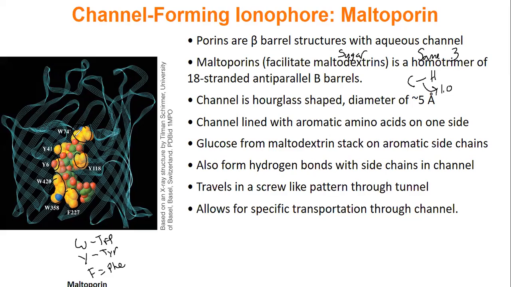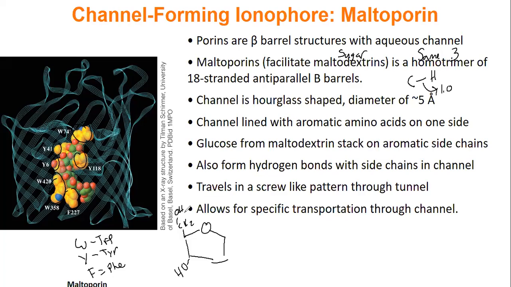Because we talked about in the sugars chapter, sugars are just big carbon rings with OHs pointing off them, right? And so how this works is that these aromatic residues form pi stacking.